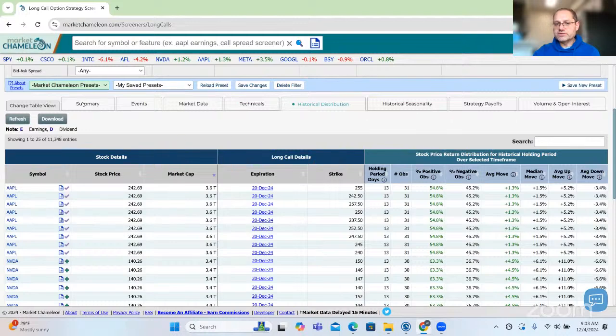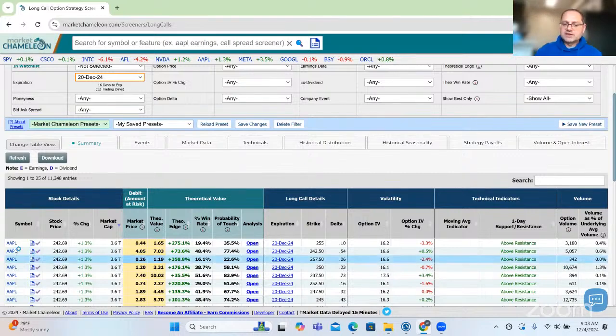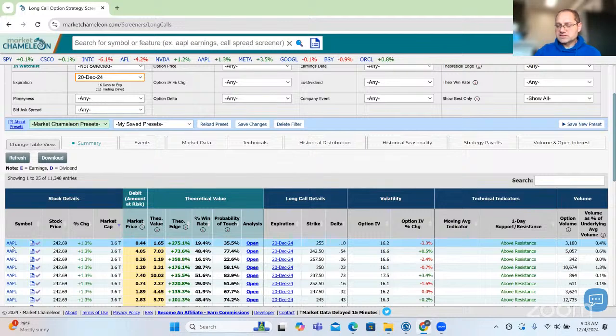Let's start out with this summary page over here. And what you'll notice is if we go from left to right, here it lets us know the stock symbol, which in this case is Apple, AAPL, Apple stock price, the change of the stock on the day, and its market cap.